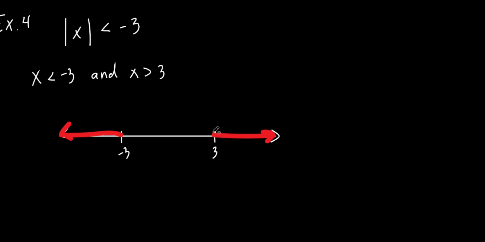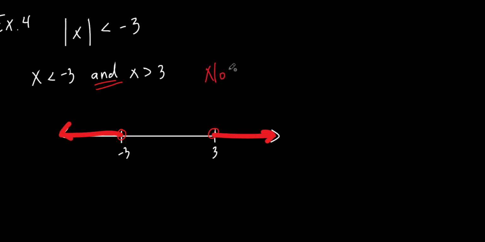Open at both ends. But the problem is, you've got to have an "and". Are there any numbers that fit both of these graphs? Is there a number to the left of negative 3 that is also to the right of positive 3? There's none that exists.